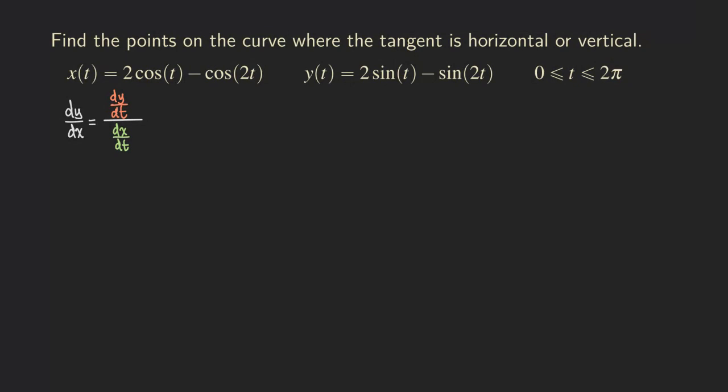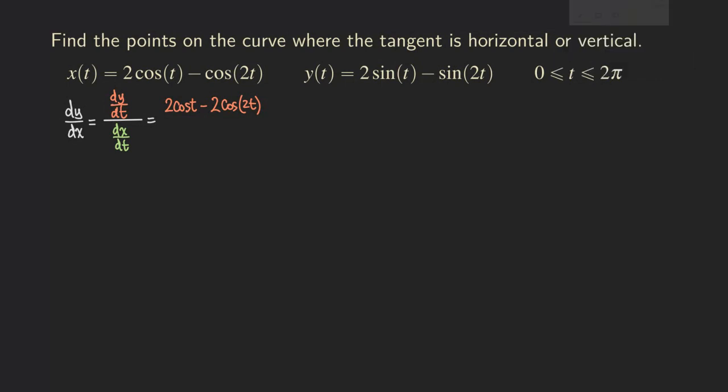So now what we are going to do is that we need to take the derivative of y with respect to t, and that will become our numerator. And so what do we get when we take the derivative of this function here? We are going to get 2 cosine t minus 2 cosine of 2t.